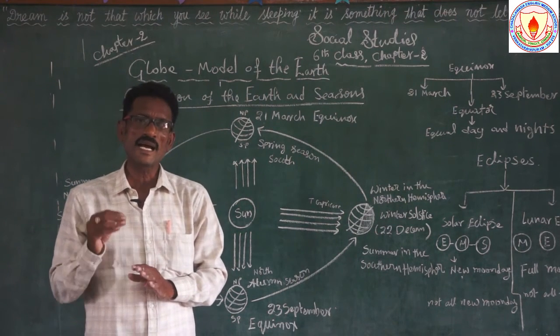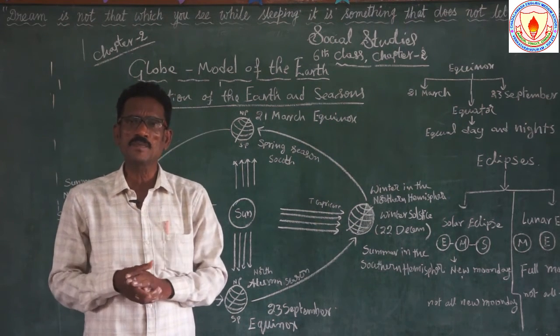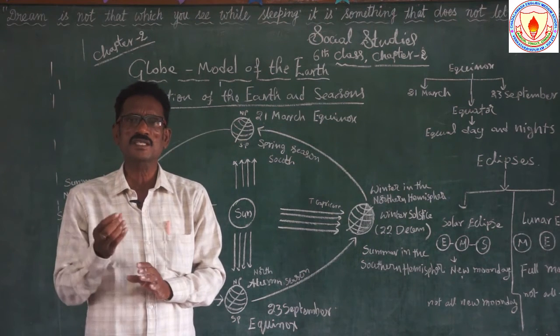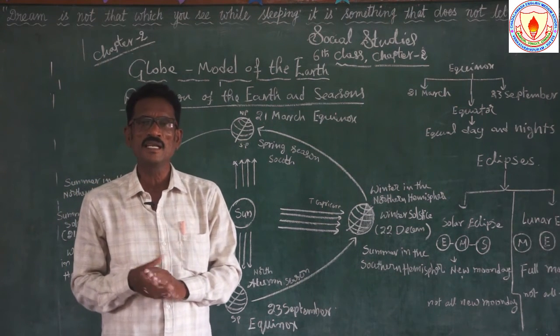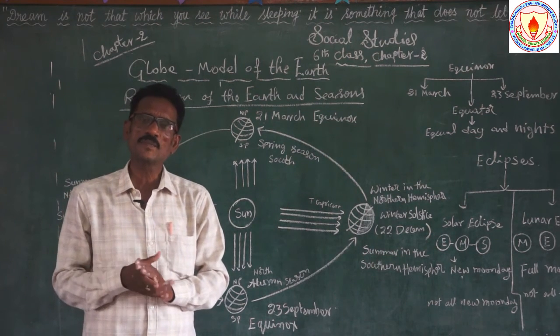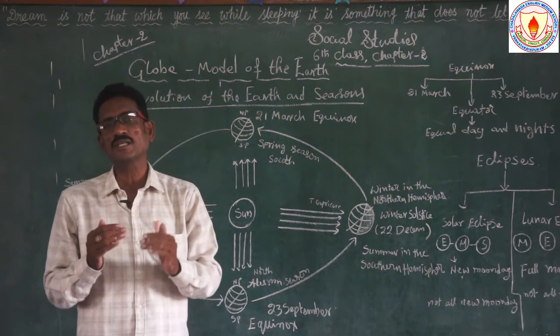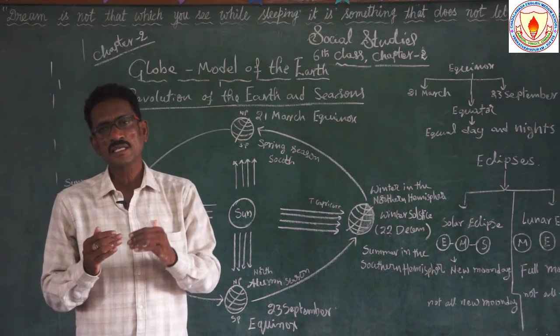What are these? Imaginary lines, not real lines. These are drawn on the globe and on the world map. With the help of latitudes and longitudes, you can find out place and time. Axis is also an imaginary line which connects the north pole and the south pole.